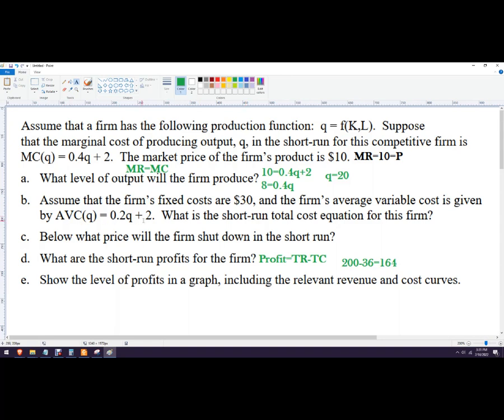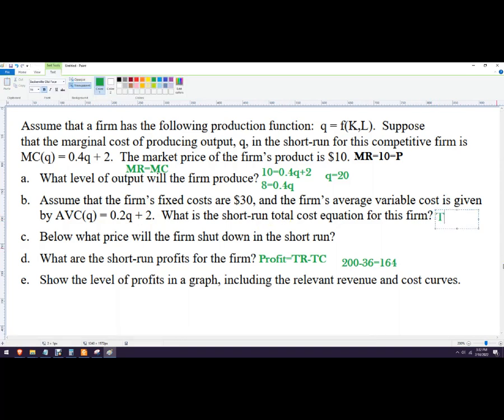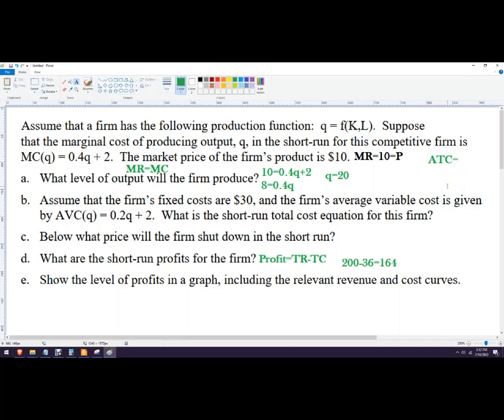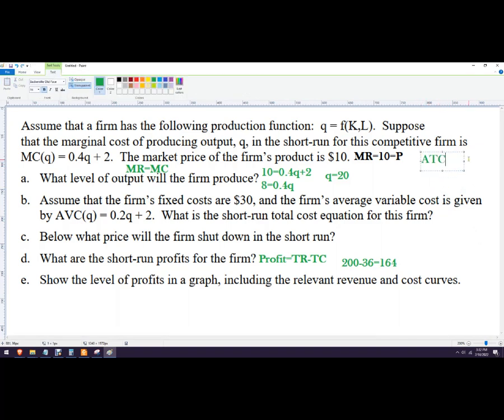We know their average variable cost is this function right here. We want to know what the short run total cost equation for this firm is. So the average total cost or average cost function, let's do this up here, is the average variable cost plus the average fixed cost.